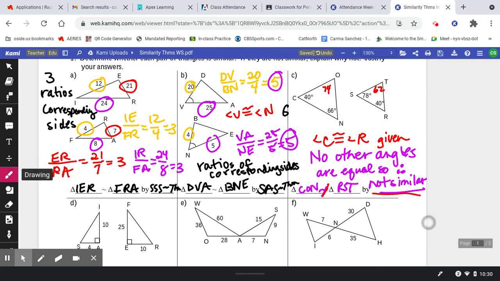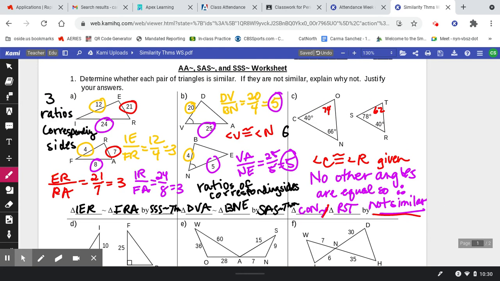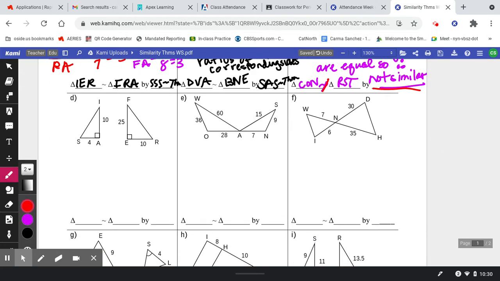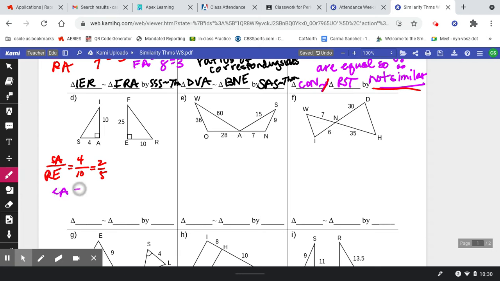Okay, anyways, let's go down to the next couple. So you should be getting used to the side ratio concept now of how we write out the sides. Okay, so over here, I'm noticing that I have side SA compared to side RE. So that's going to be a 4:10 ratio. Then I've got angle A is congruent to angle E. That's given.